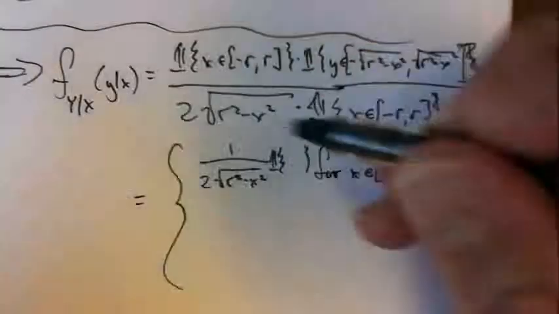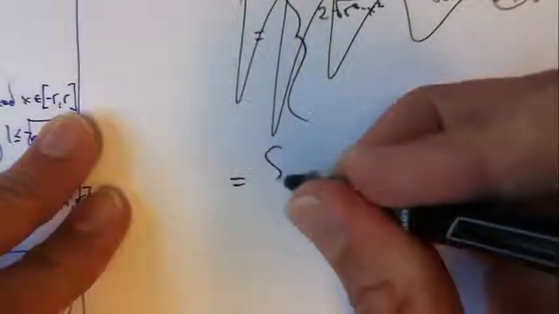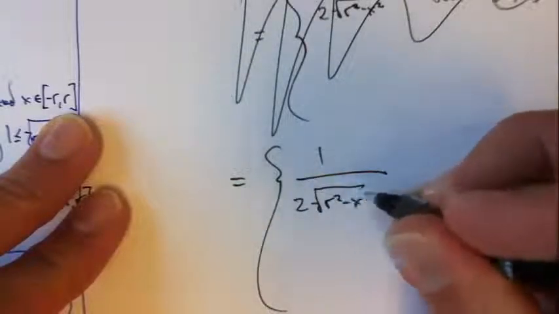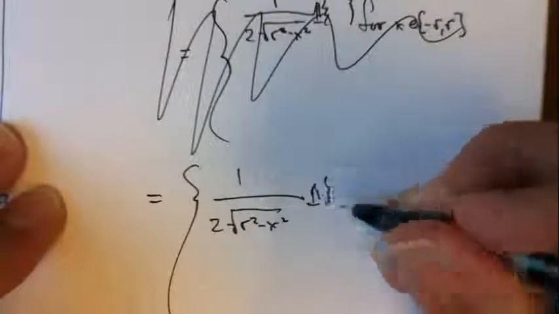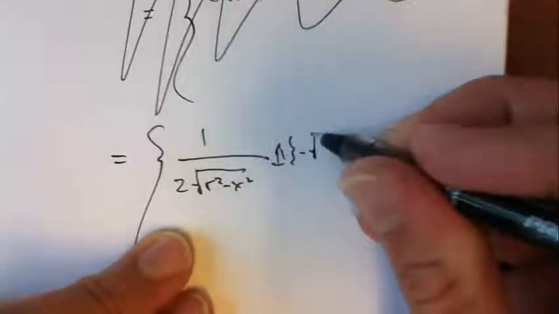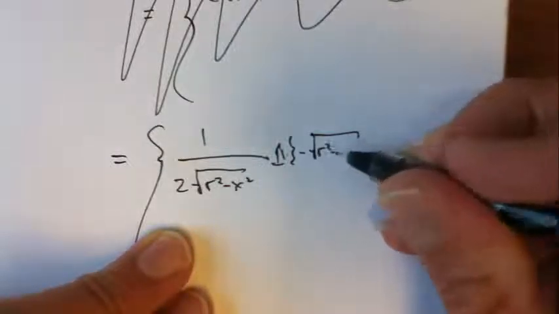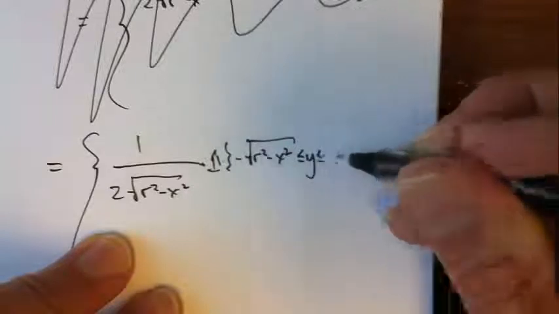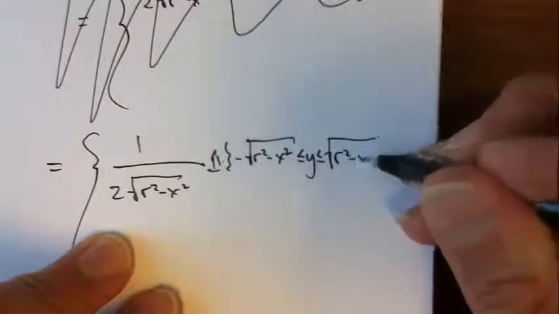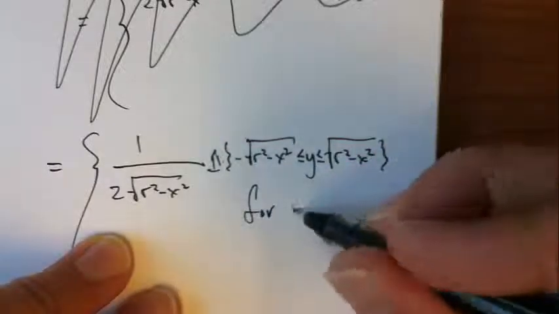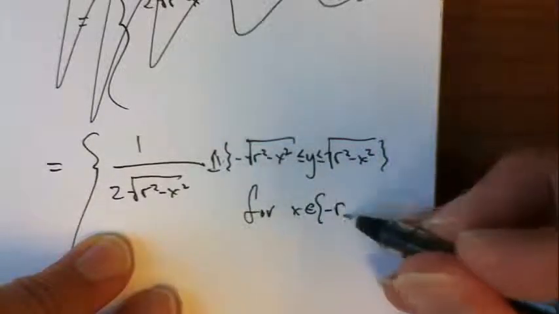Let me rewrite this. It's 1 over 2 root r squared minus x squared times the indicator that y is between negative root r squared minus x squared and positive root r squared minus x squared. This is for x between negative r and r.